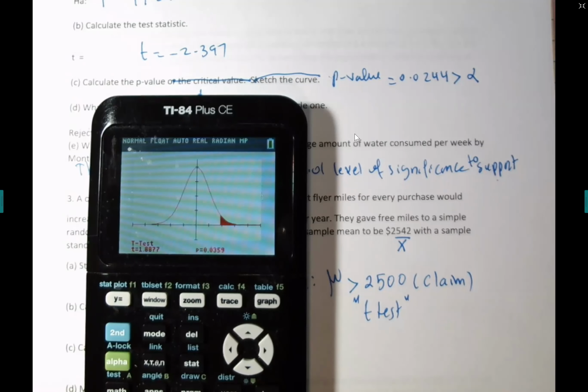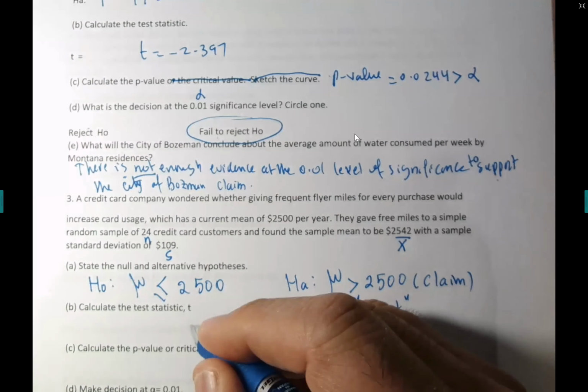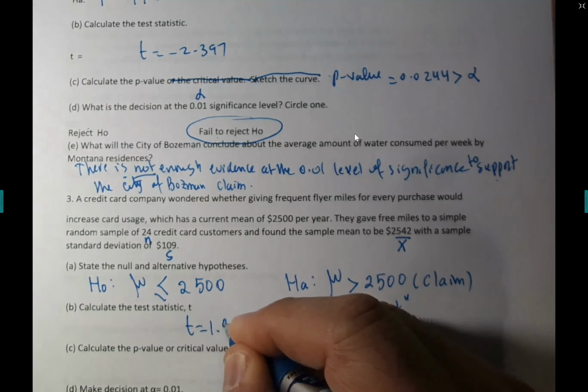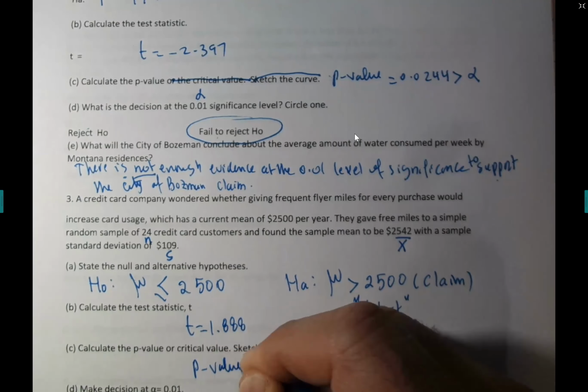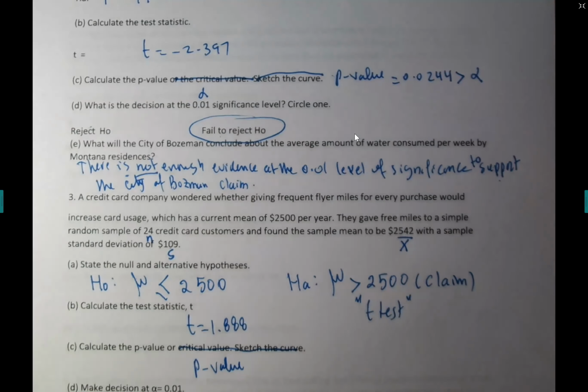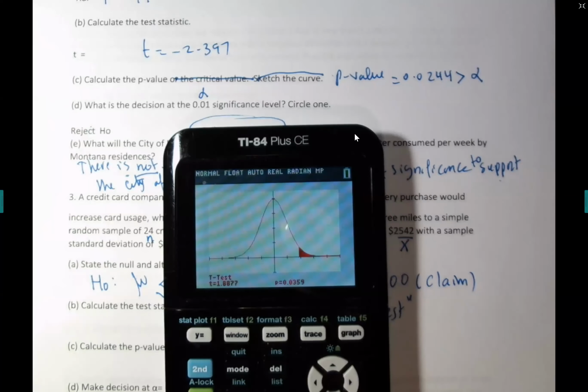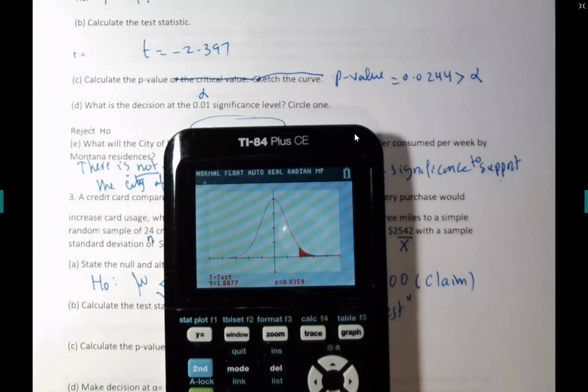Okay, so T is 1.888, 3 decimal places. And p-value, I'm just using the p-value approach here. And here's the p-value, guys. Let me write it down, 0.0359.